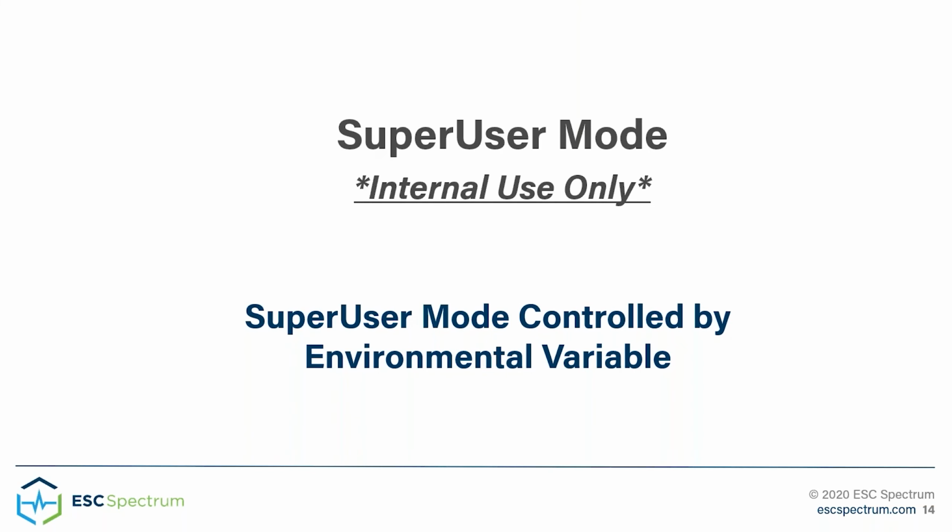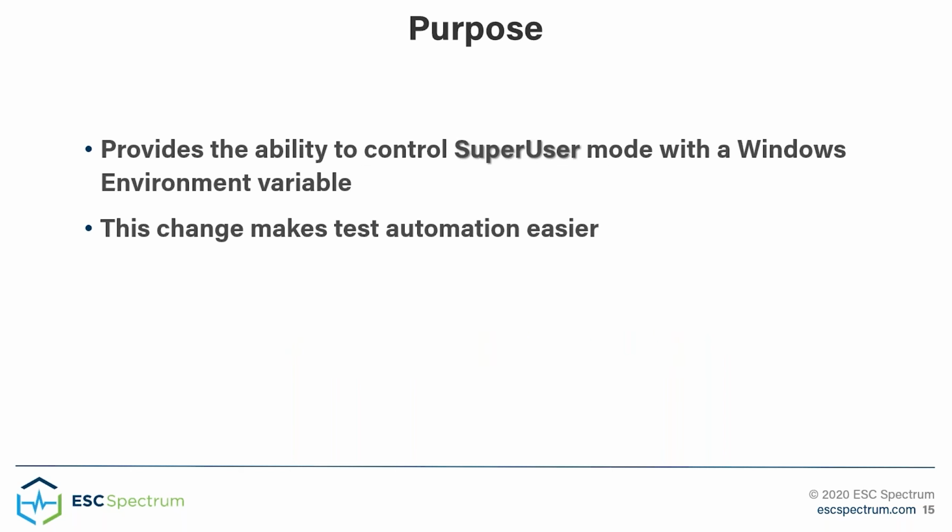All right, super user mode. If you're not familiar, super user mode, which I mentioned before, normally you would access by holding down the shift key while launching the main application. But for testing, that's not a great way to go. We need to be able to automate this stuff. So this is kind of an internal feature, but I imagine support might find a use for this too.